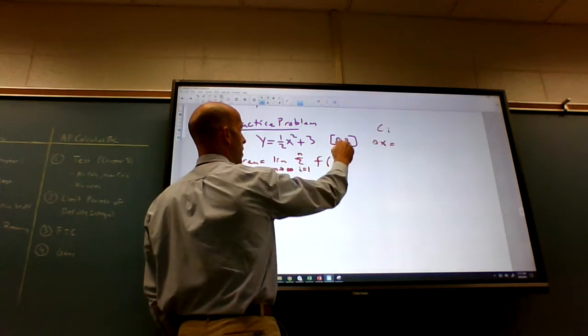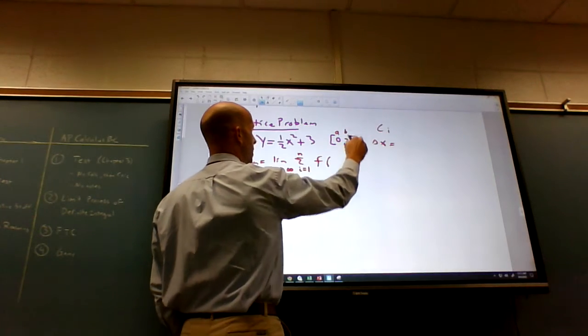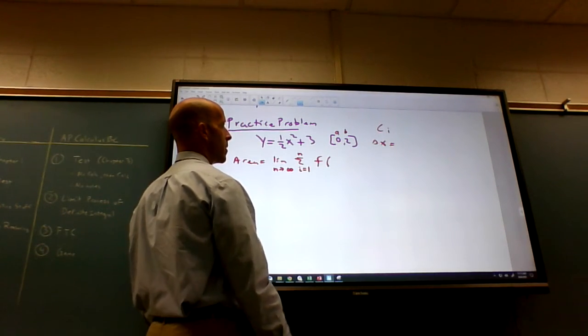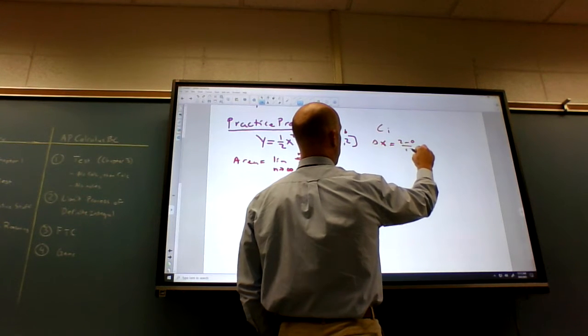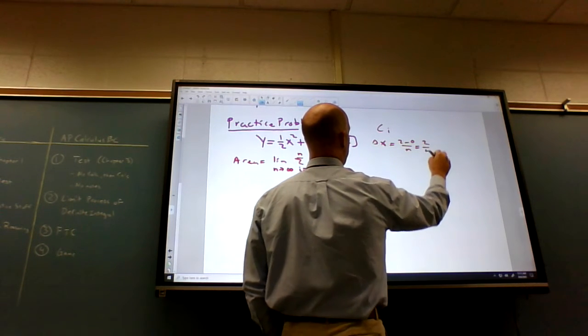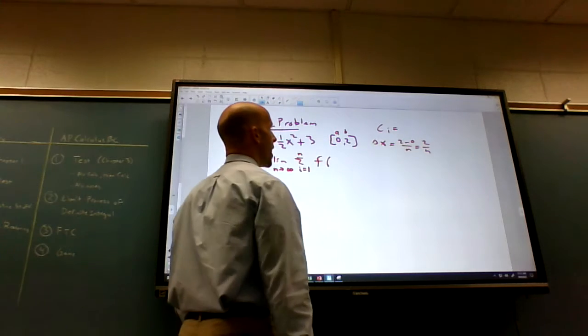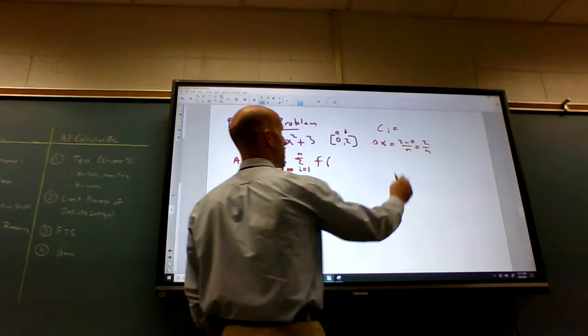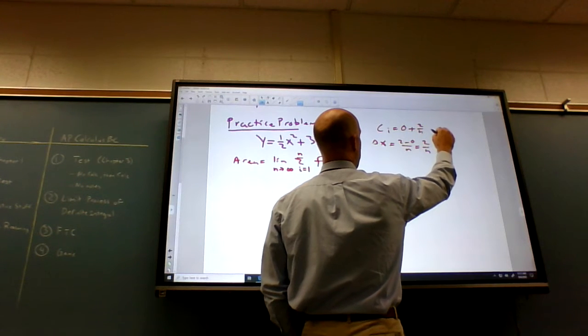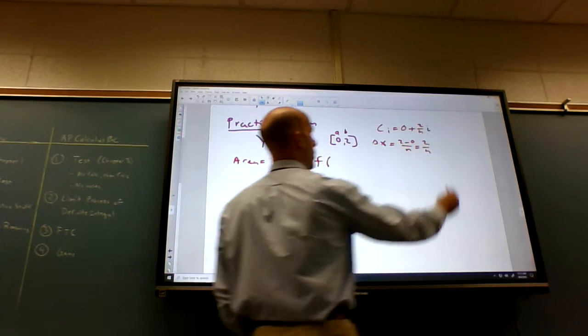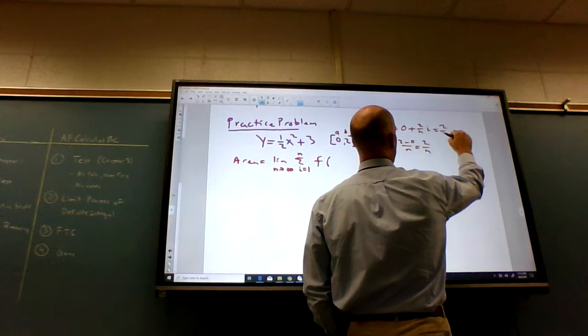So notice here that we have a is 0 and b is 2. So that means I've got to do 2 minus 0 over n, or 2 over n. And then c sub i is going to be 0, that's the a value, plus the 2 over n again, and then i. In other words, it's just 2 over n times i.